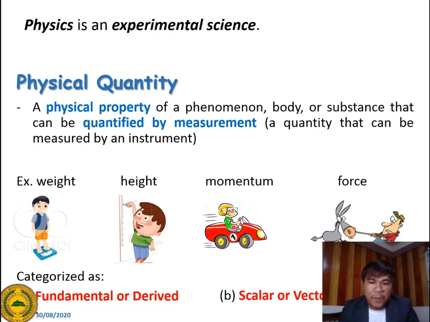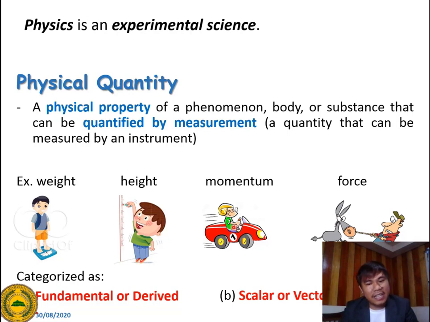When we talk about acceleration, we know acceleration is just the change of velocity with respect to time. So you have velocity in the numerator divided by time. Time is a fundamental quantity.